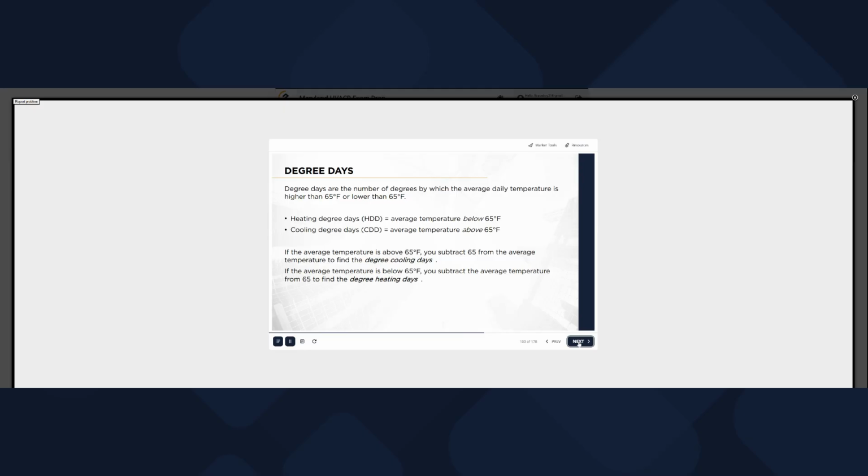Degree days are the number of degrees by which the average daily temperature is higher or lower than 65 degrees Fahrenheit. The two types of degree days we will focus on are heating degree days, HDD, and cooling degree days, CDD. Heating degree days are used when the average temperature is below 65 degrees Fahrenheit. Cooling degree days are used when the average temperature is above 65 degrees Fahrenheit.